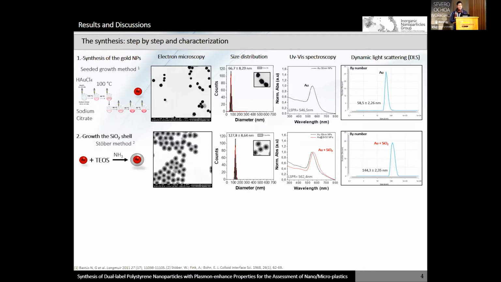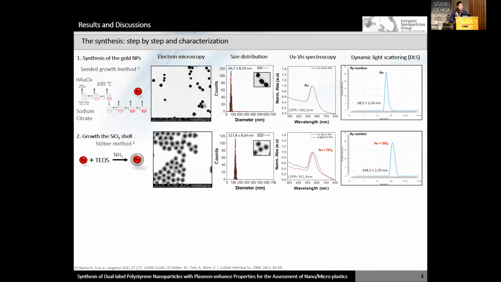And the UV spectra is really useful because it allows us to follow the interaction or the behavior of the gold nanoparticles. And as we can see here, there's a small redshift indicating that something was attached on the surface. And also this was correlated by the DLS or the hydrodynamic size.